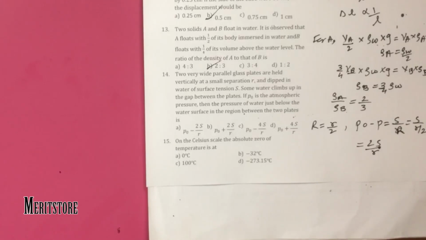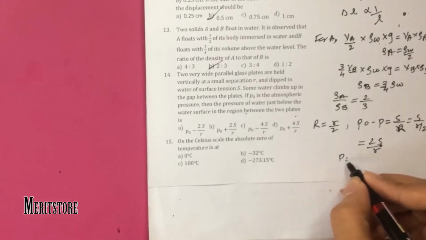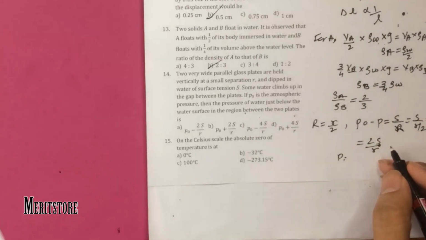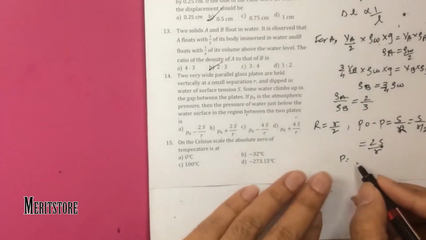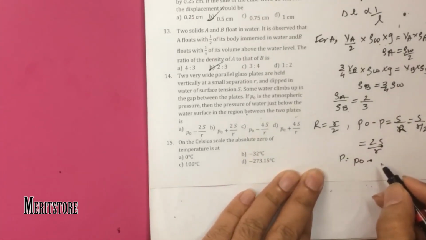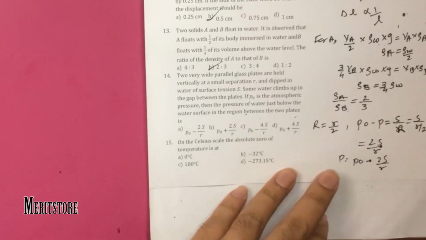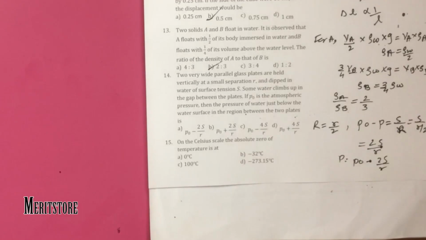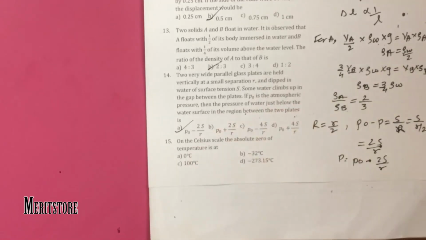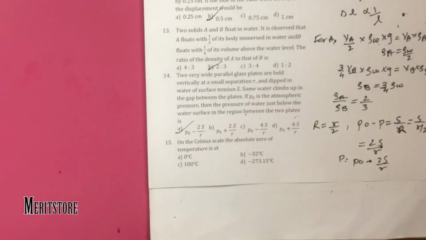So P would be equal to P0 minus 2S by r. So option A would be your correct answer.